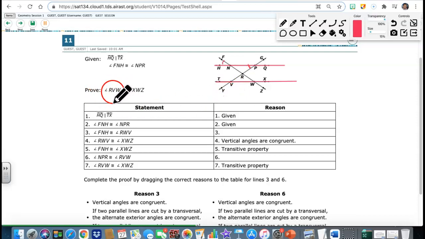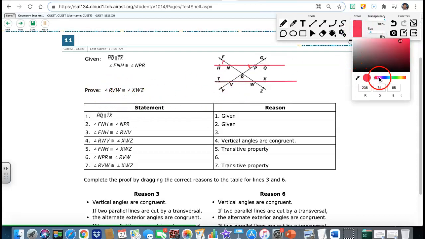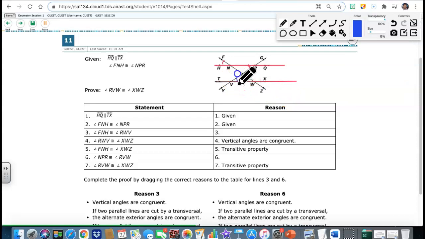We have to prove that angle RVW is congruent to XWZ. I don't see the relationship right now, but let's see.